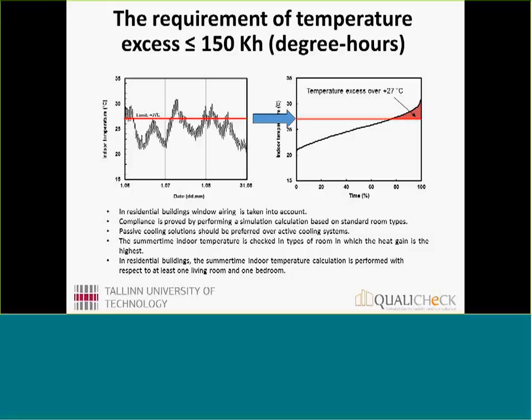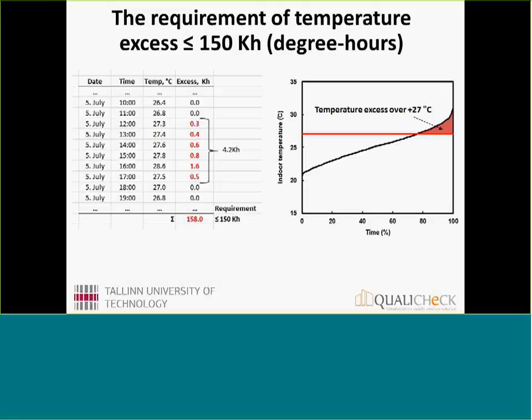And in residential buildings, window airing is taken into account when these temperatures are simulated. All, let's say, use of a building is a standard use. A test reference year is used, and it's a simulation-based procedure.